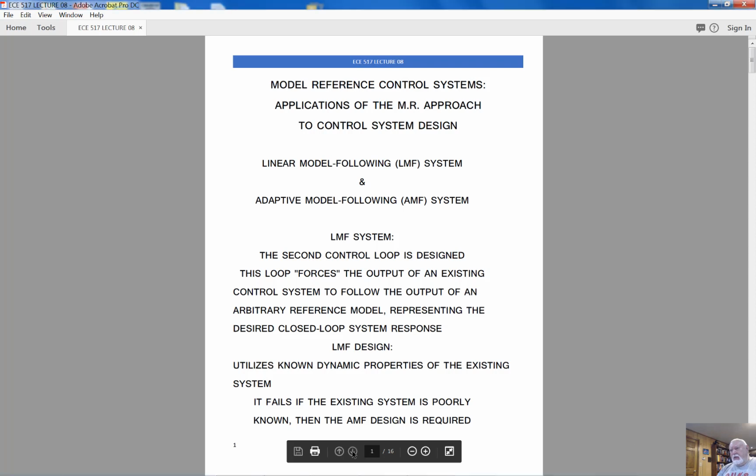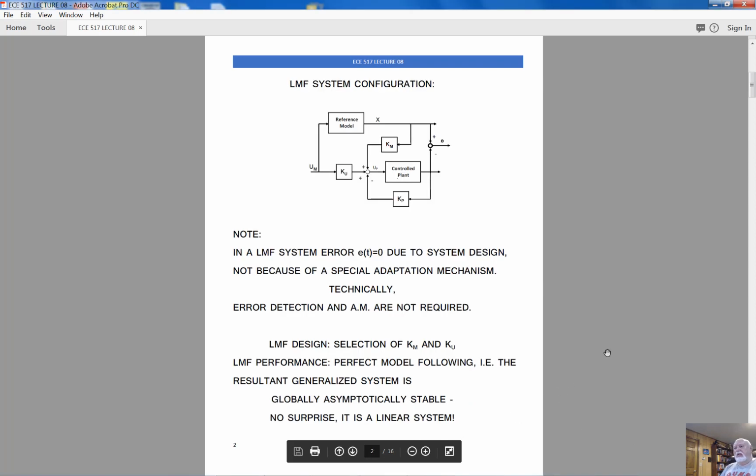Let me show you the system configuration. I want you to recognize a controlled plant and its feedback controller. And then you see the reference model that represents desired closed-loop dynamics of the system. And then we add matrix Km and matrix Ku.